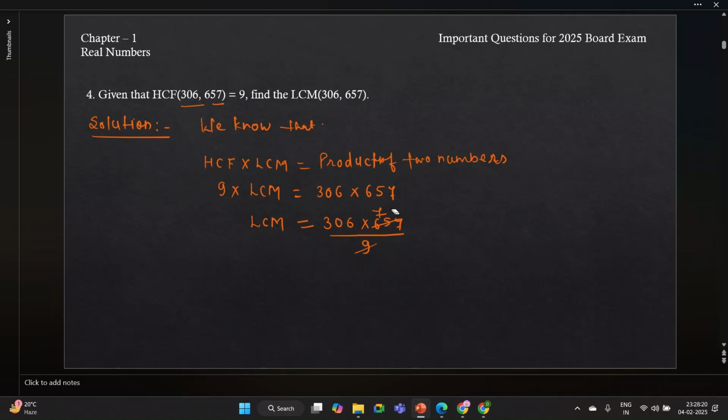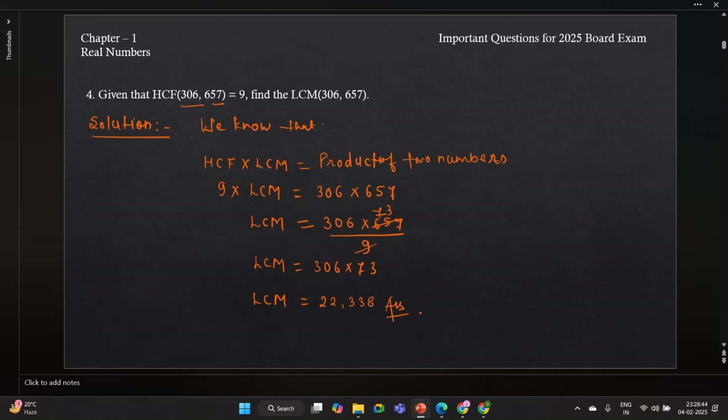So 9 times 3 is 27. So we can write LCM as 306 times 73, and if you multiply it, you will get 22,338. So that is the answer.